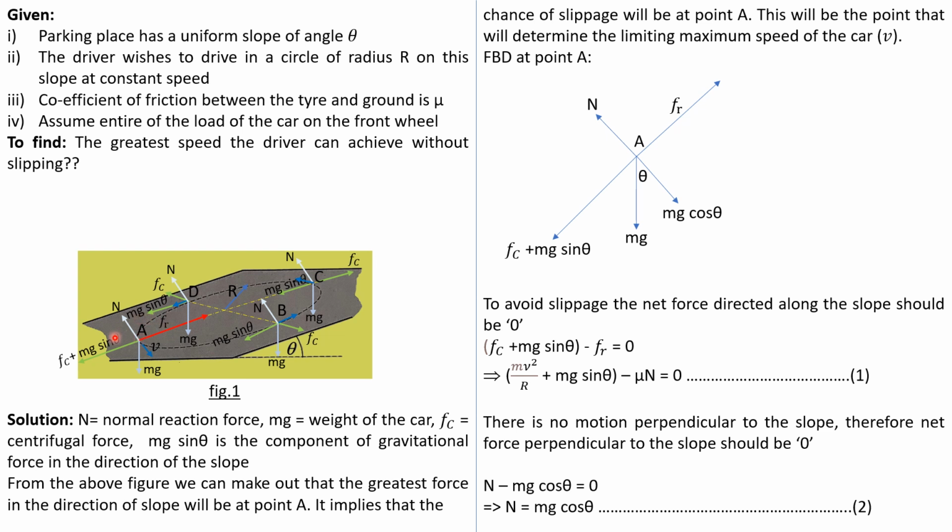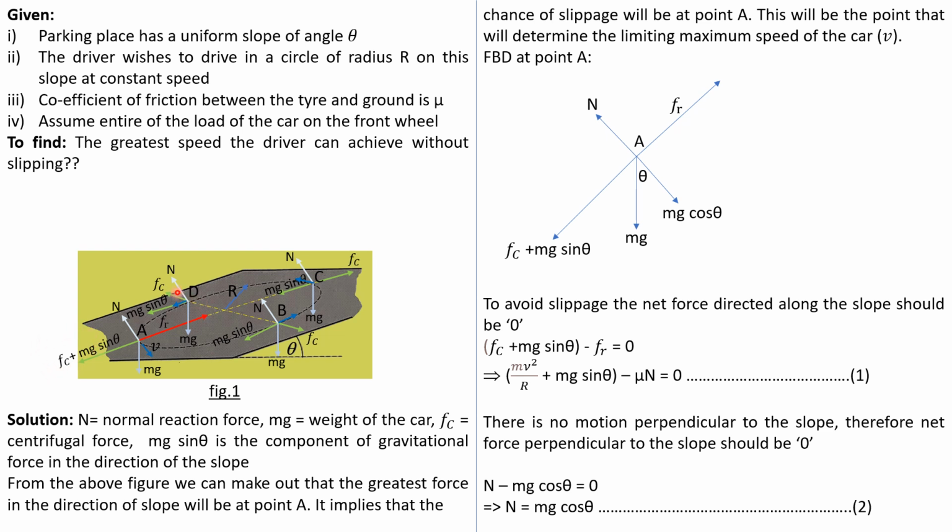At this point, at point A, if you see the force along the slope or directed along the slope is maximum, that is centrifugal force plus component of the weight of the car.